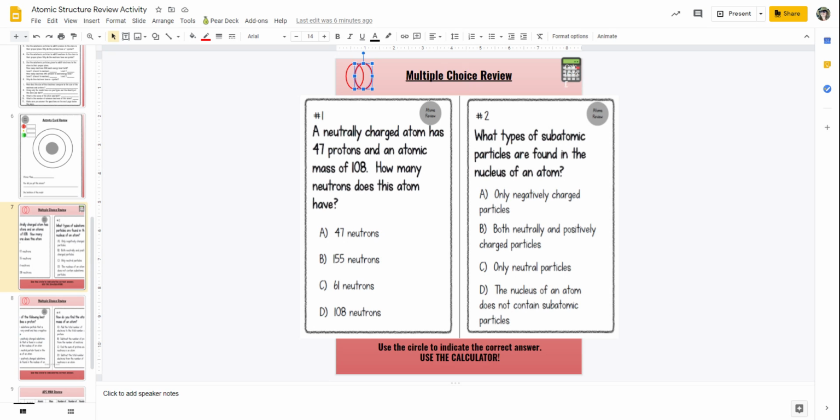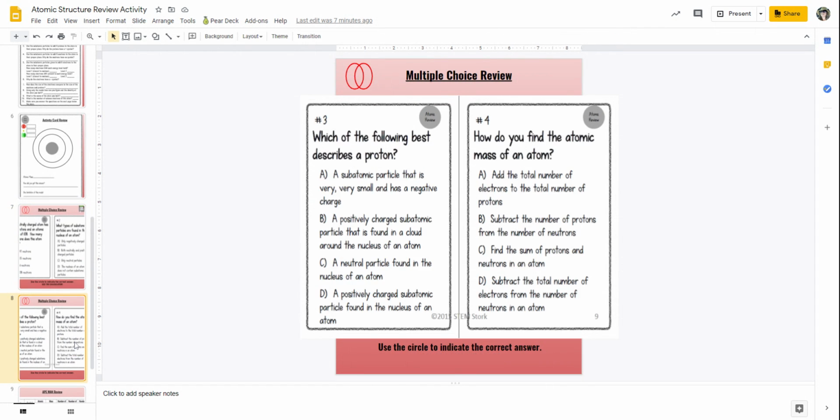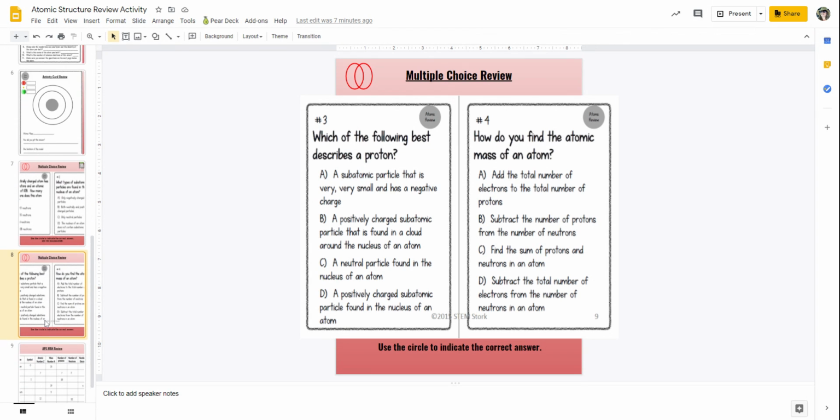Several of you missed questions on the 8-man atomic math challenge just because of that. So please don't do that on the review or the quiz. Please use a calculator. The other 3 questions are just simple using your notes.